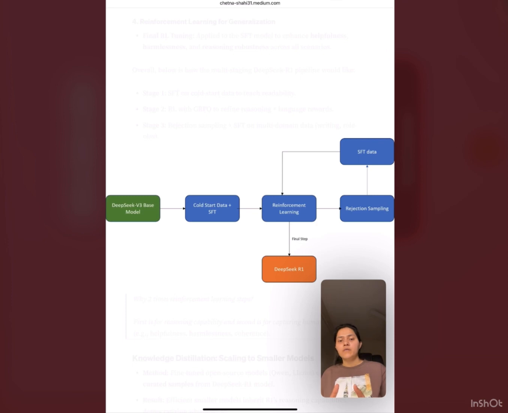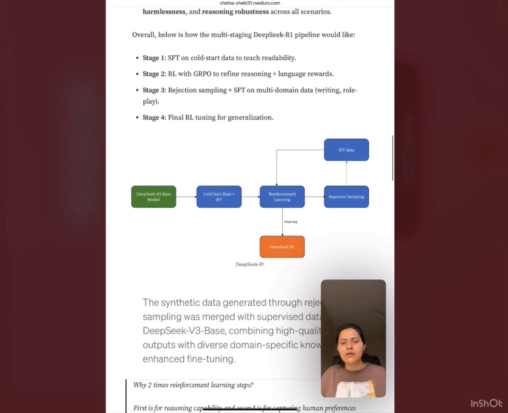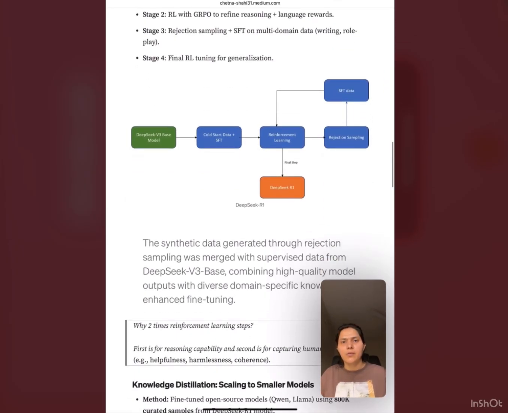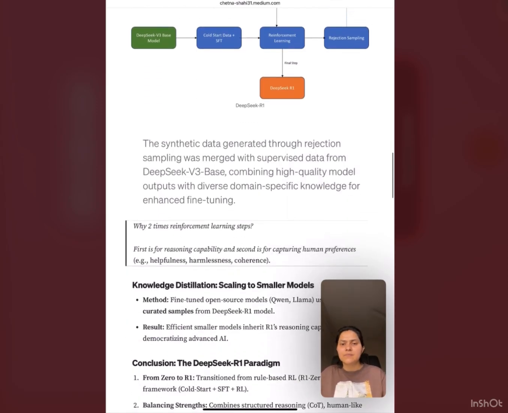Post that, whatever is the response of the reinforcement learning, the rejection sampling rejects all the unnecessary or not so good responses, just takes the best answer for each prompt, and passes it to the SFT along with the initial cold start chain of thought data. It mixes both the data and then does the reinforcement learning again on this final data, and that's how our DeepSeek-R1 model gets ready.